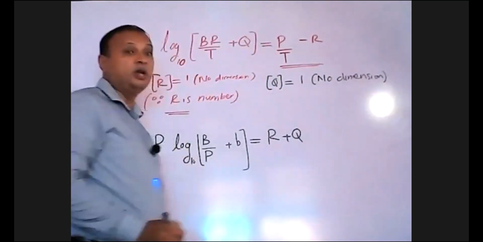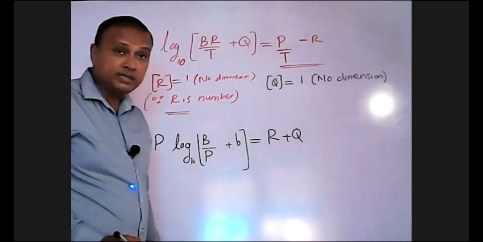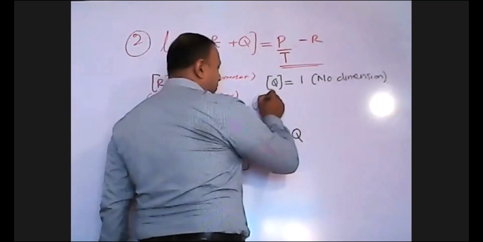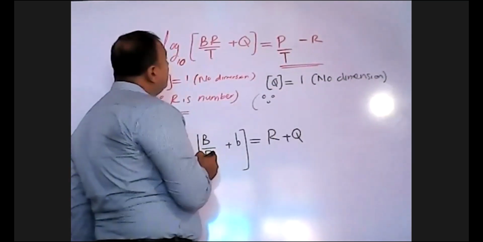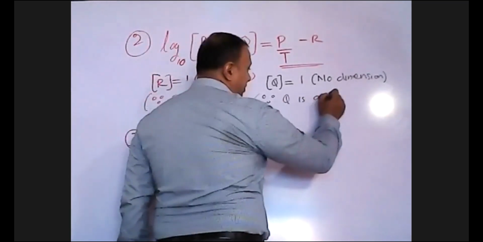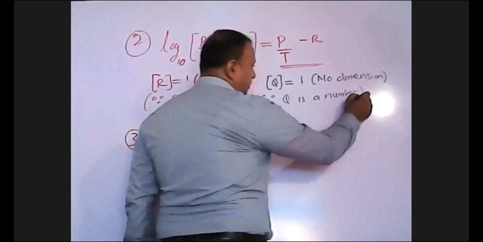Don't write 1 only. If you write 1, please write within the brackets no dimension. What is the reason? You should write the reason too, because Q is a number.